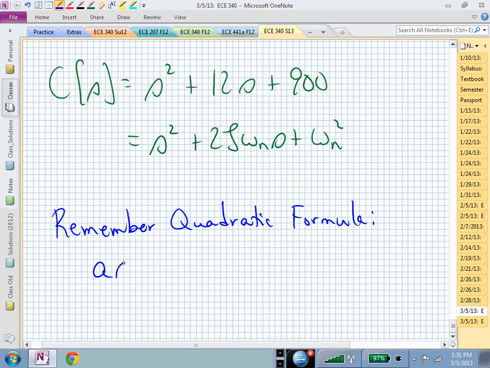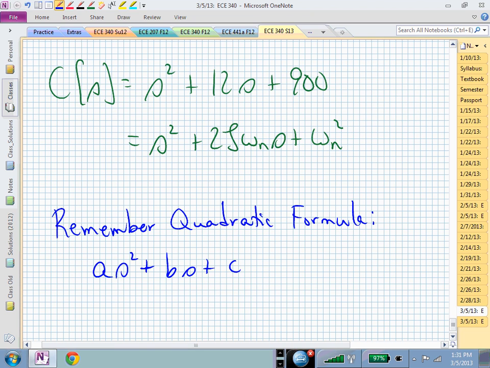If we had this as as squared plus bs plus c, the reason I'm going over this is because on the exam, a lot of times people just see a second order and they just assume that it's quadratic or that it's complex roots, and it may not be. So don't assume, even though I'm maybe giving it to you in a quadratic form. What's the quadratic formula?